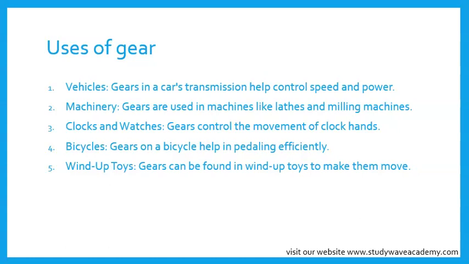Clocks and watches. Gears control the movement of clock hands. Bicycles. Gears on a bicycle help in pedaling efficiently. Wind-up toys. Gears can be found in wind-up toys to make them move.